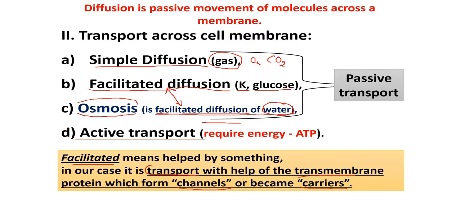All these first three types are considered passive transport. But cells also have another type, active transport. It is active because it requires energy, an ATP molecule, in order to move some molecules or ions.